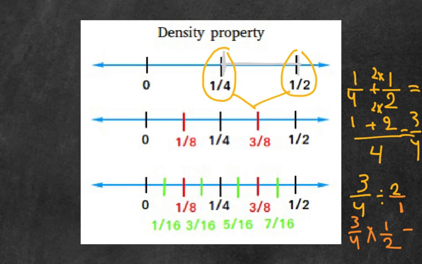Sorry. It will be 3 by 1, it's 3, over 4 by 2, it's 8. So 3 over 8 is between 1 over 4 and 1 over 2. It means if we divide this into 8, it will be 3 over 8. It's about here.